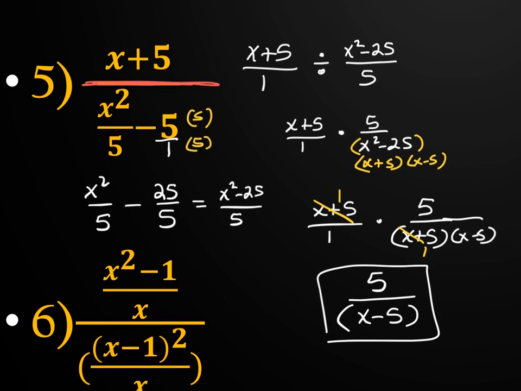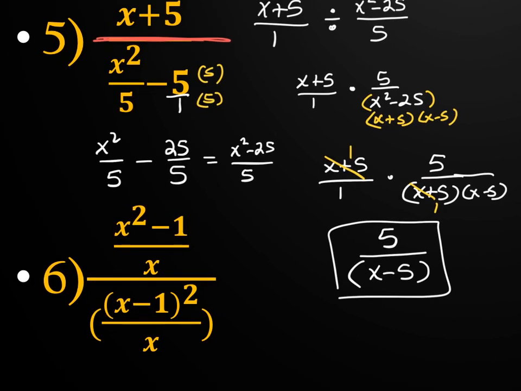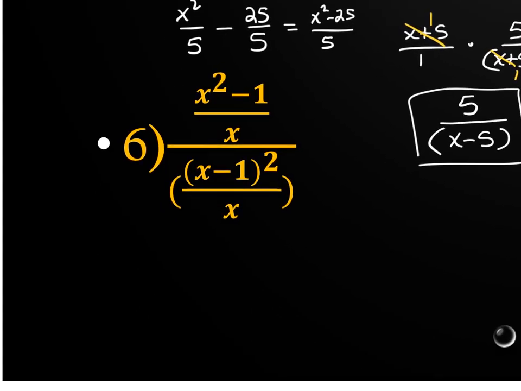The next one, nothing to add or subtract. So let me go ahead and set up my division problem. I have x squared minus 1 over x divided by 1 minus x minus 1 squared over x.